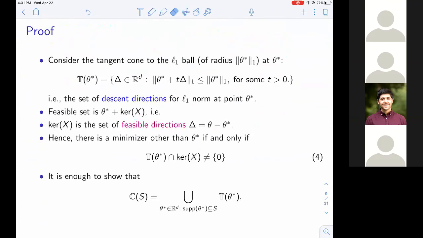So the tangent cone to the L1 ball at theta star is defined with this statement.